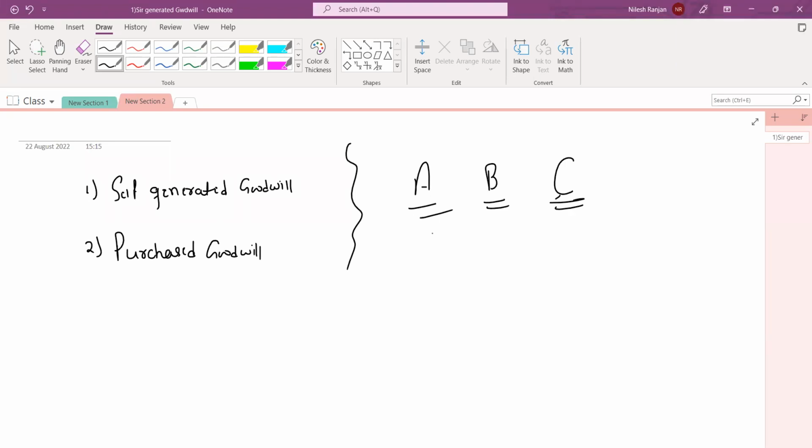But can you tell me whether they are selling the same amount of items or the same value of products, or there may be some difference?